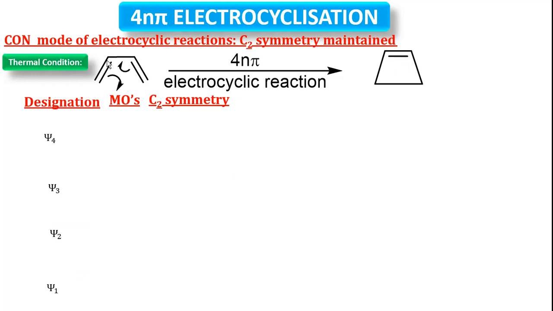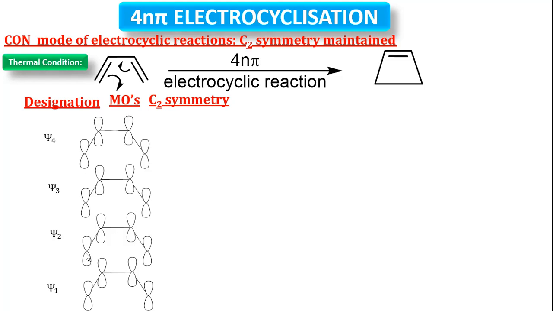The 4 carbons are sp2 hybridized, therefore 4 molecular orbitals are present, psi1 to psi4. Each carbon contributes 1 p orbital, therefore each molecular orbital has 4 lobes.